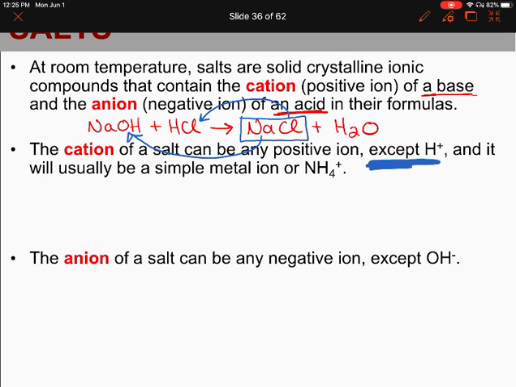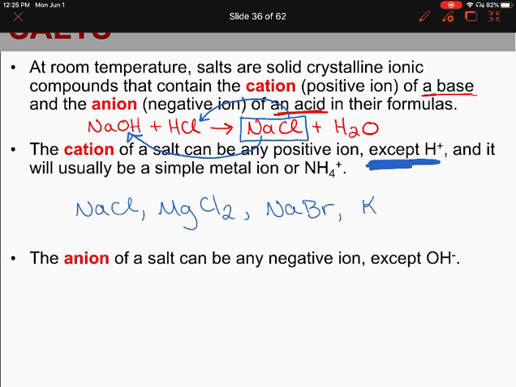So some examples of different salts are, for instance, NaCl, so sodium chloride, magnesium chloride. We could also have sodium bromide. Let's see, what else?